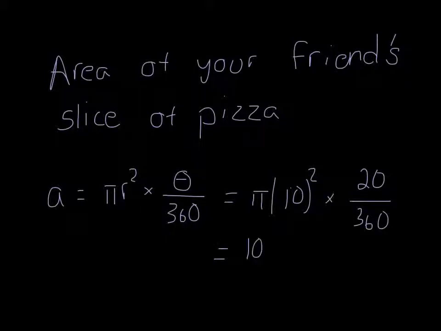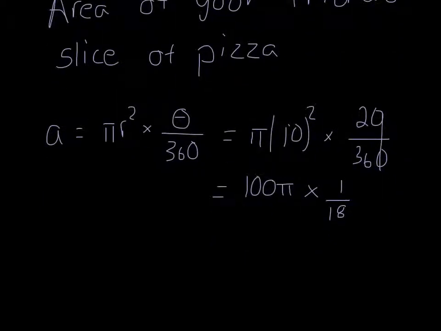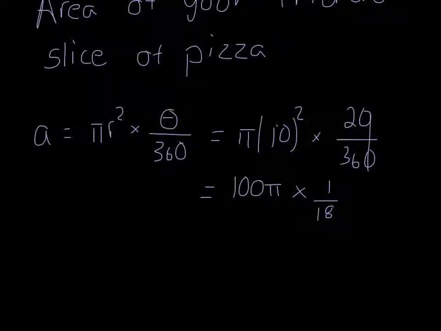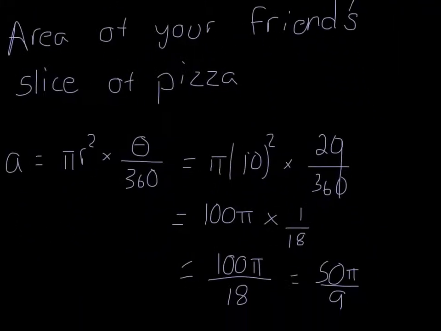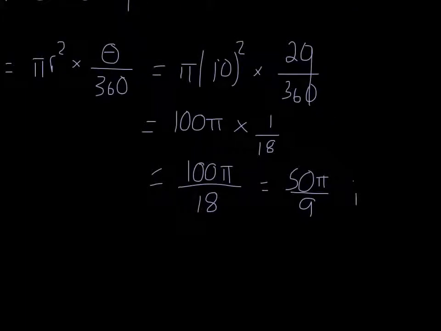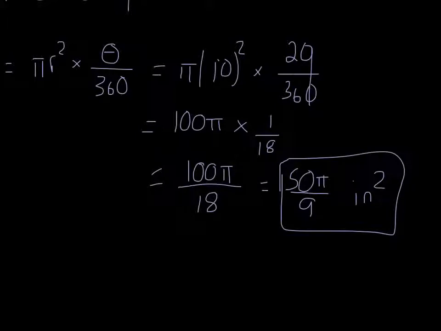So you get 100 pi times 1 over 18, which is equal to 100 pi over 18. That simplifies to 50 pi over 9 inches squared.